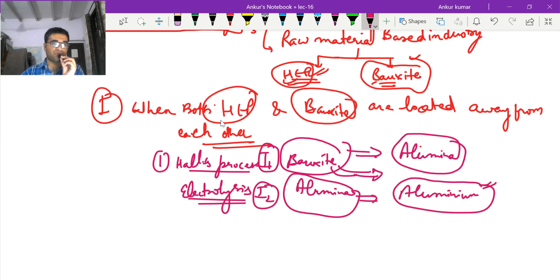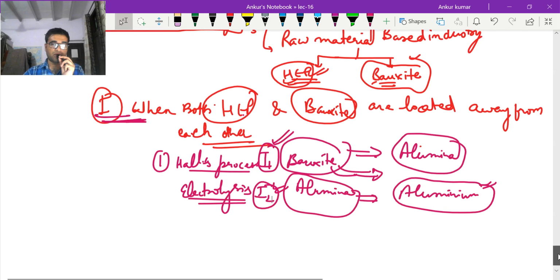So I2. Now what we said in the first case, when HEP and bauxite are located away from each other, that means both these processes I1 as well as I2, we have to carry out separately in distant locations. Now as per these conditions, there are a number of aluminium plants which are located.